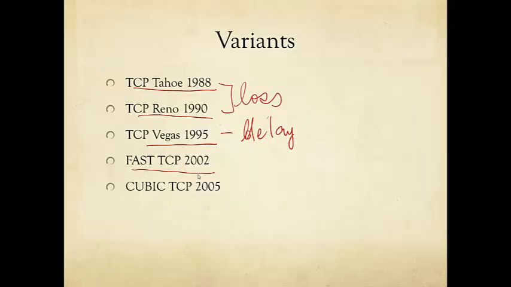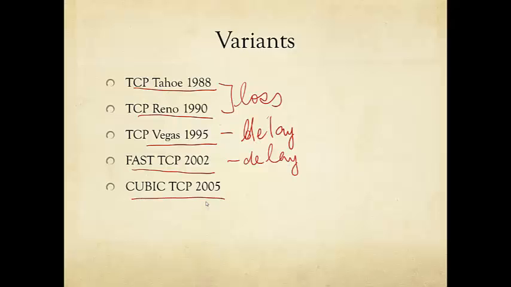And this one uses primarily delay as the basis, but with stabilization using control theory to make sure that convergence can be achieved in this iterative procedure of going up and down in the bandwidth demand.